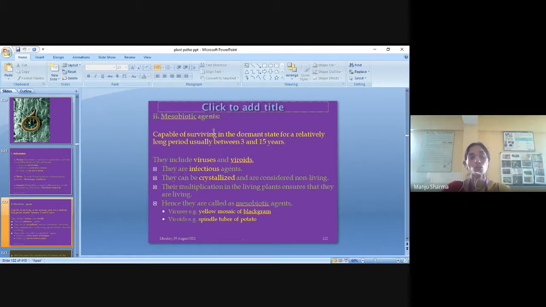They include viruses and viroids. They are infectious agents, that means the disease caused by viruses is infectious.